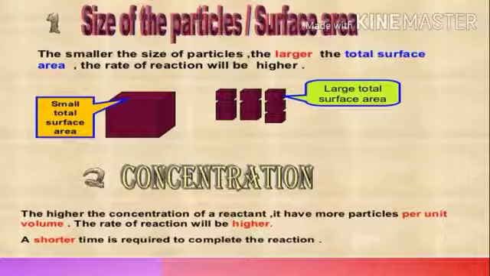The first factor is size of the particles or surface area. The larger the surface area of the reactants, the faster is the rate of reaction. For example, a log of wood burns slowly as compared to small wooden chips.